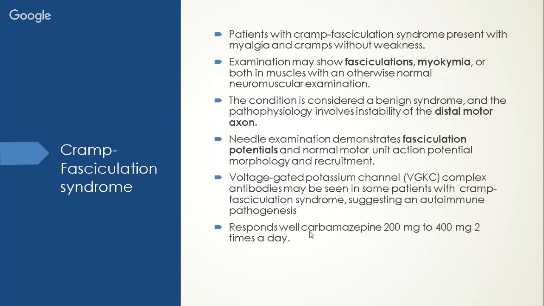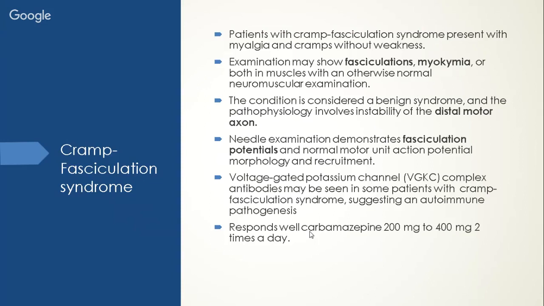So Cramp Fasciculation syndrome is a benign condition, mostly involving fasciculations and myoclonus, with involvement of the distal motor axons.